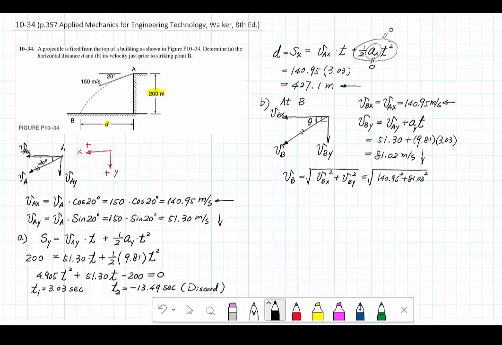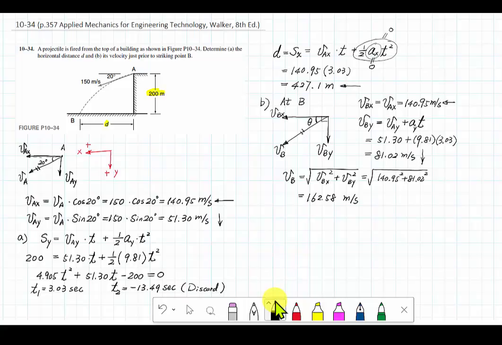So we get the VB as 81.0. Did I copy something wrong? Yeah, I did. Sorry. So the number VB we get is 162.58 meters per second. Okay, and we know the direction is actually going down with an angle theta.